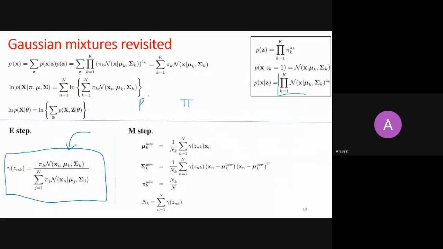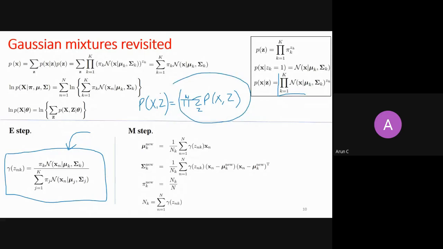So this was my probability of x comma z, right? First I need to calculate the joint probability of x comma z, then I marginalize over z, and then I multiply over all these things.